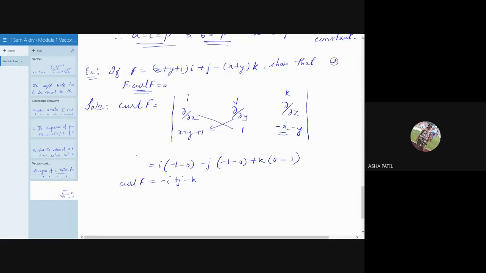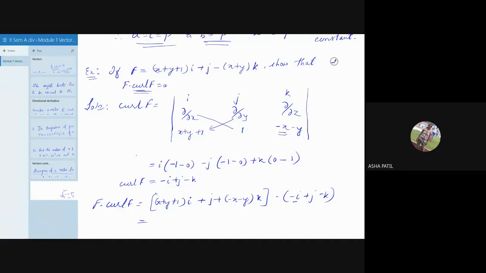Go for the dot product of f and curl f. F dot curl f: x plus y plus 1 into i plus j plus minus x minus y k, dot product of this vector with your curl, minus i plus j minus k.